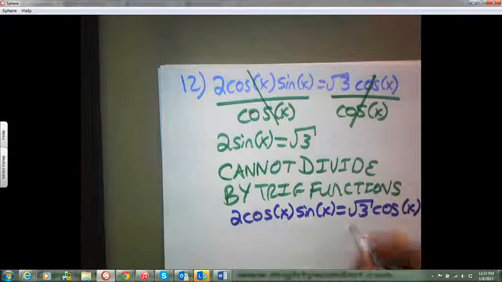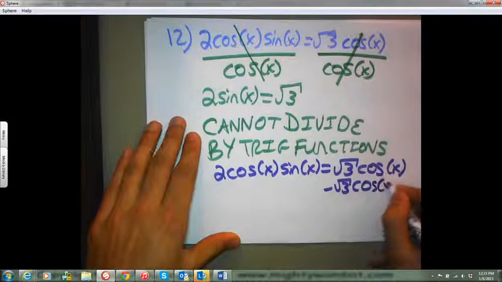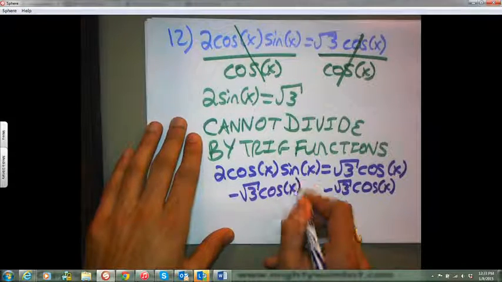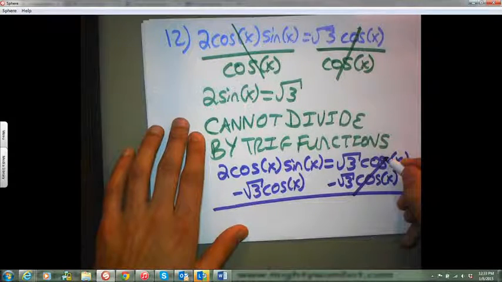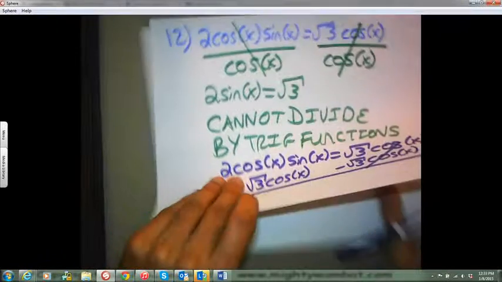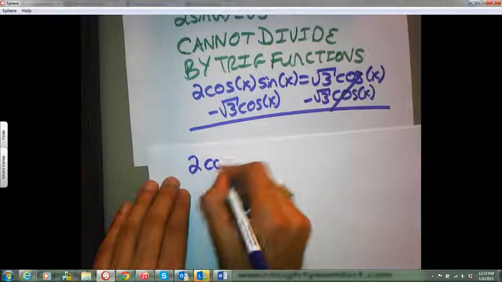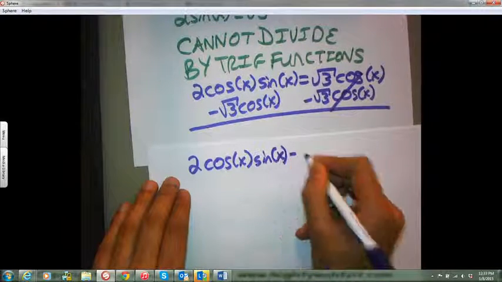Minus this on both sides. This goes away. We'll bring it over here. And here's what we'll get.